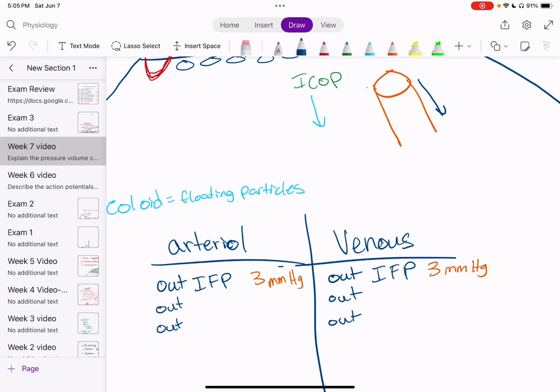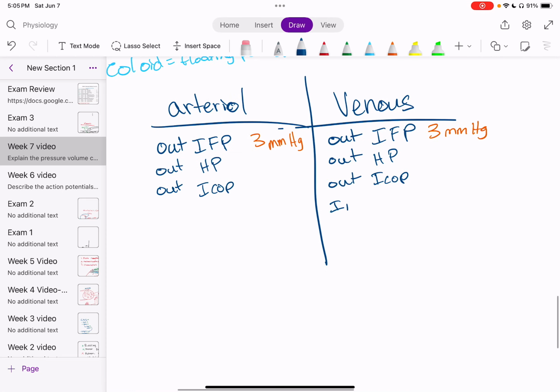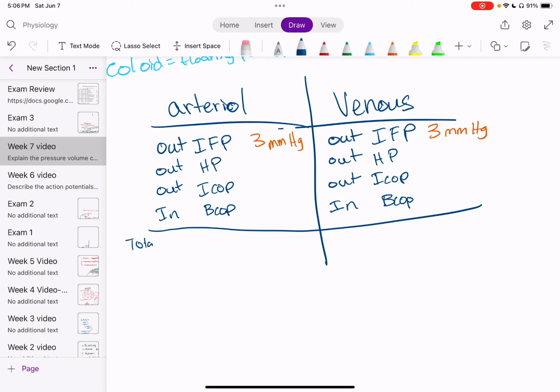Now first we'll go hydrostatic pressure, and we'll total it all up here.